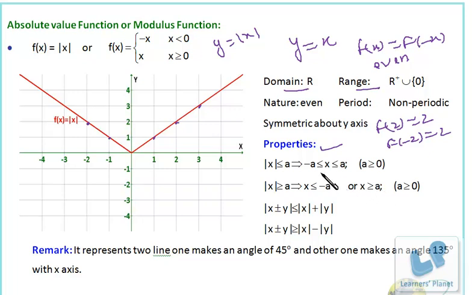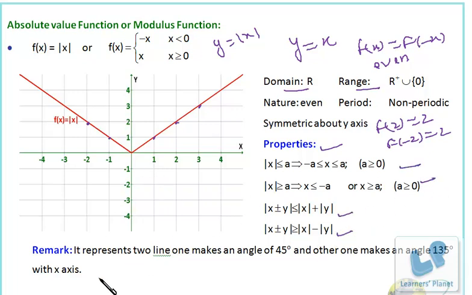You don't have to be confused by looking at these properties. We will be discussing problems based on them, so it will be clear to you at that time. Now modulus of x plus or minus y is less than or equal to modulus of x plus modulus of y, right? Similarly, this property.